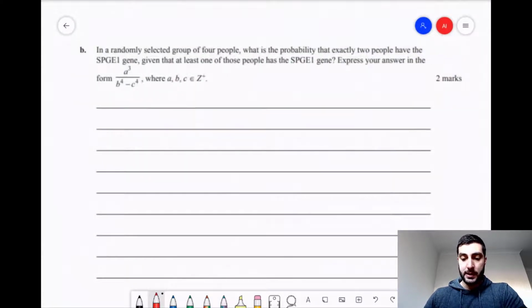In a randomly selected group of 4 people, what is the probability that exactly 2 people have the SBGE1 gene, given that at least one of those people has the gene? Express the answer in this form: a cubed divided by b to the power of 4 minus c to the power of 4, where a, b, c are elements of z plus. So that means they're positive integers.